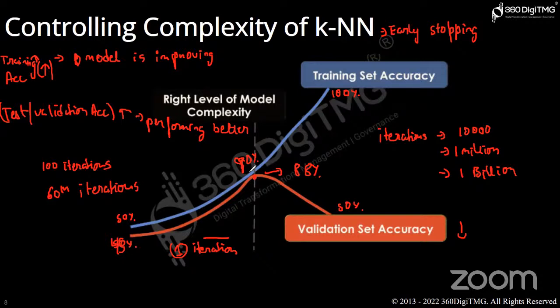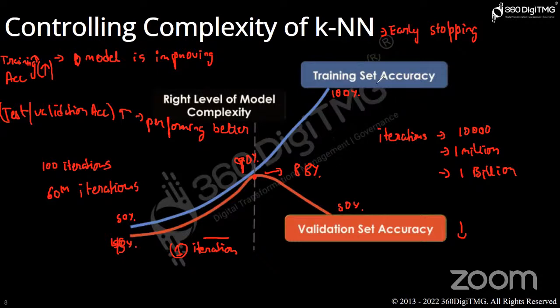That is what they would tell us. Okay, so we have to be very careful and we have to figure out a way of stopping the algorithm at the perfect point. Okay, so we have this data.